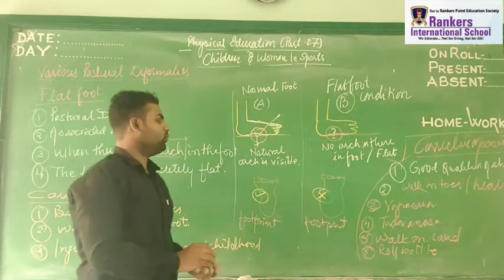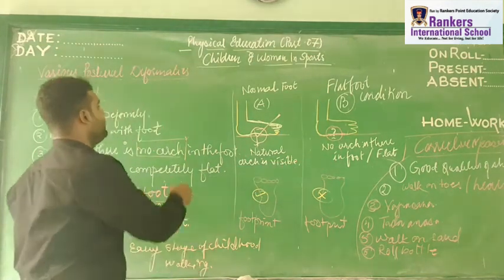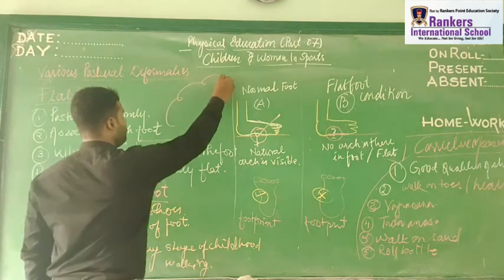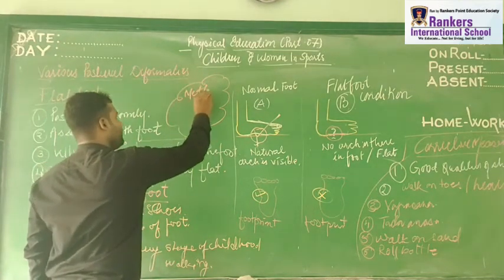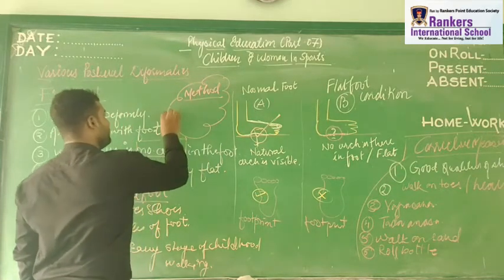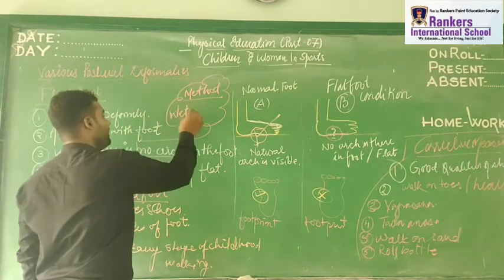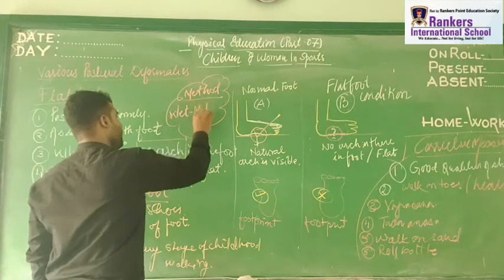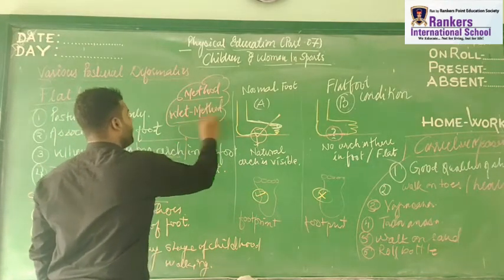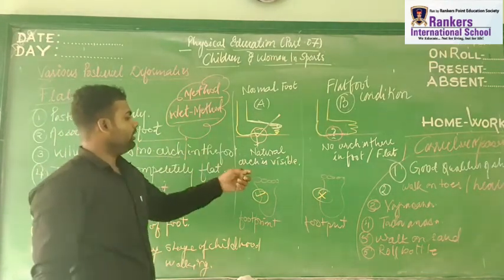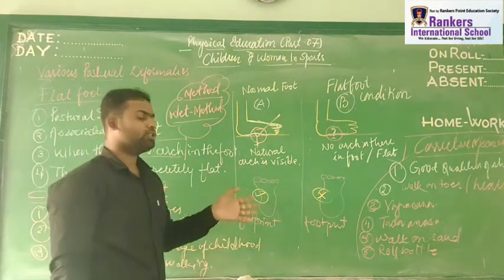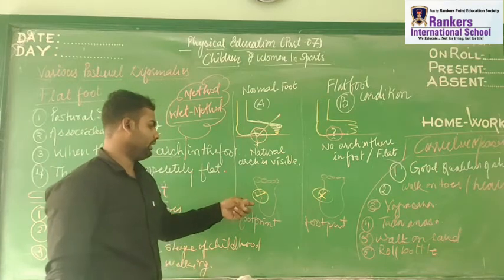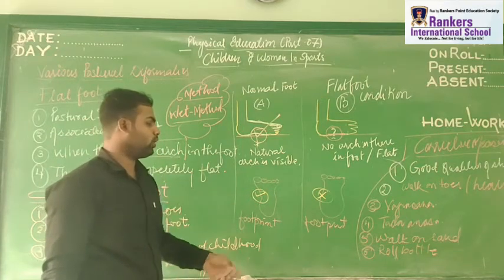The method is wet method, if you want to check whether the person has the flat foot or not. What is the name of the method? The name of the method is wet method. Wet means gila, right? Wet method is the process in which we allow an individual to dip his or her foot into water and simply allow him to walk on the floor.